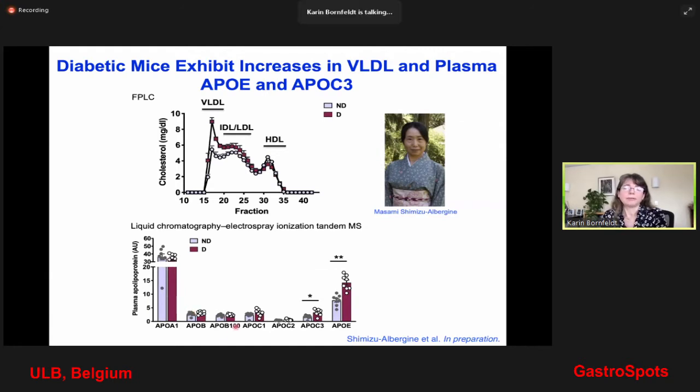There are also no differences in total ApoB or ApoB100, and that's because most of the ApoB is carried by LDL, where again, we have no major differences in diabetic animals. We detect several other apolipoproteins, and the main thing to point out here is that we see a significant increase in ApoC3 and ApoE in plasma from the diabetic animals. And the increase in ApoE is probably a reflection of reduced clearance of TRLs.